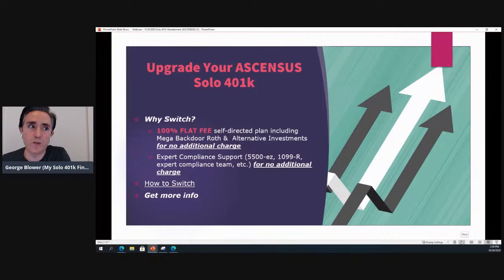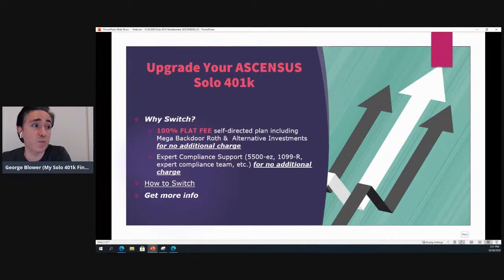So as far as today's topic again is upgrading your ASCENSUS Solo 401k. So this is what ASCENSUS refers to as an individual K. So the reasons why, in our experience, clients will want to upgrade are things such as the ability to do a Mega Backdoor Roth or invest in alternative investments, all for no additional charge.